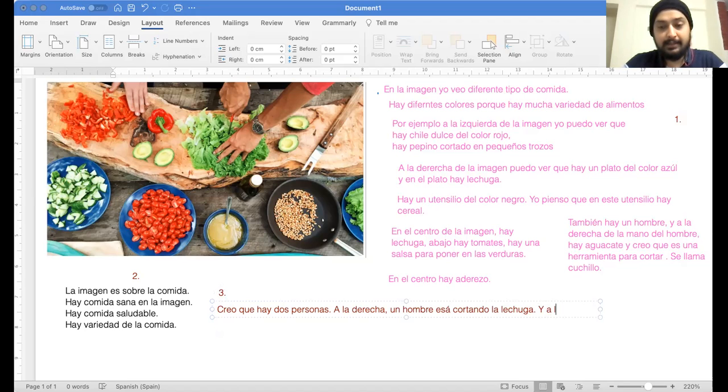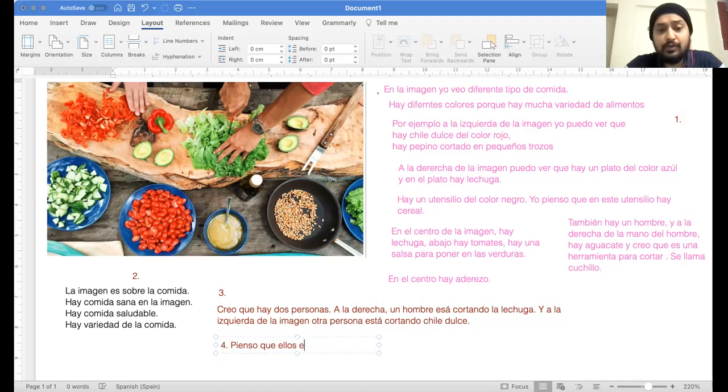y a la izquierda de la imagen otra persona está cortando chile dulce. Okay, so they are cutting. What is going to happen? They are going to prepare salad. So give your opinion.